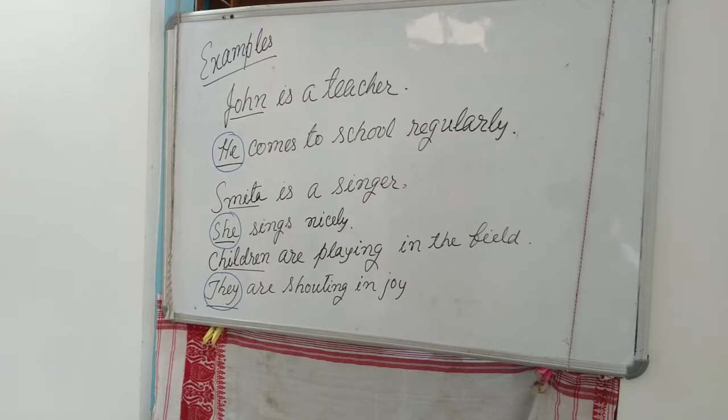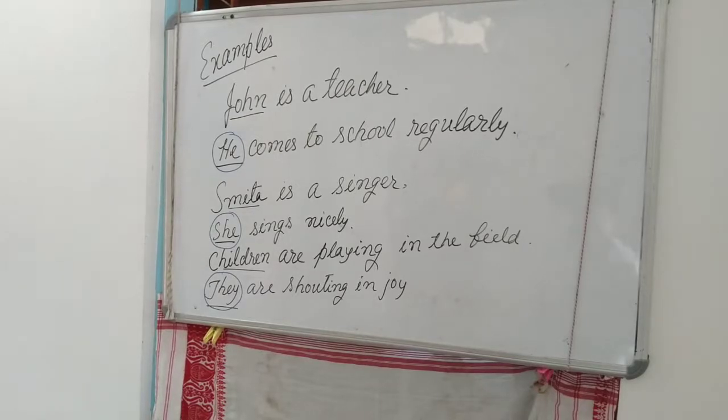He comes to school regularly. So John is a teacher, and when again we refer to that particular teacher, we use the pronoun he, we do not repeat the noun John. Here he means John.